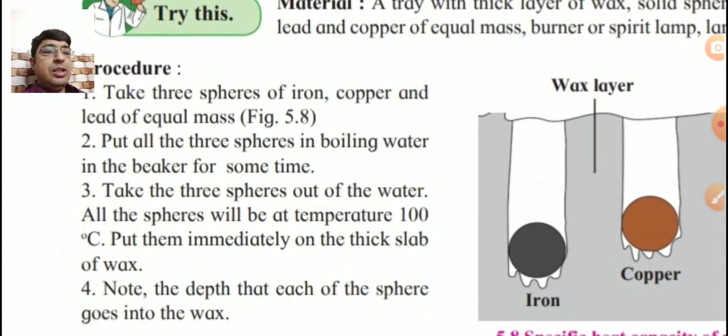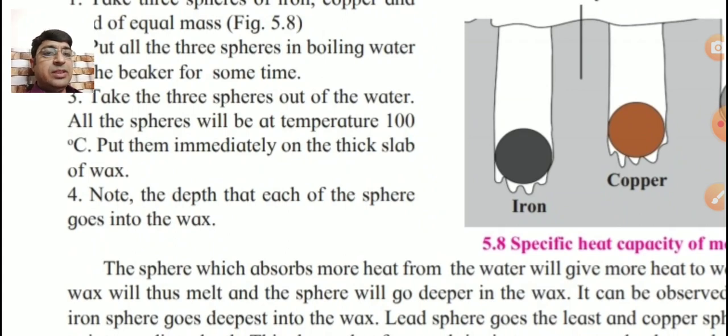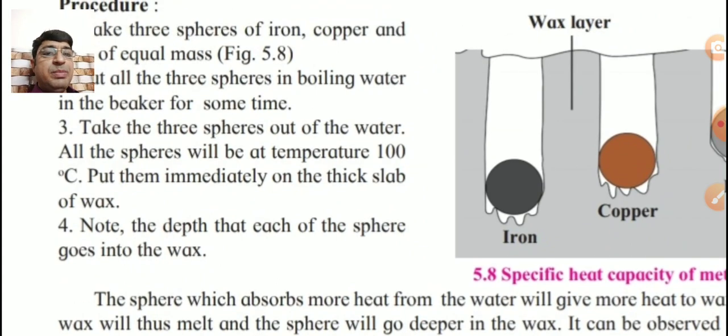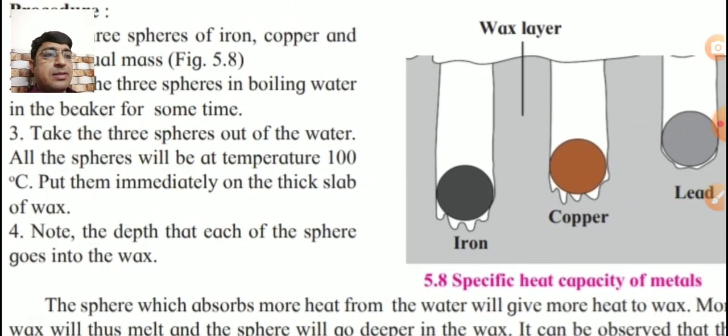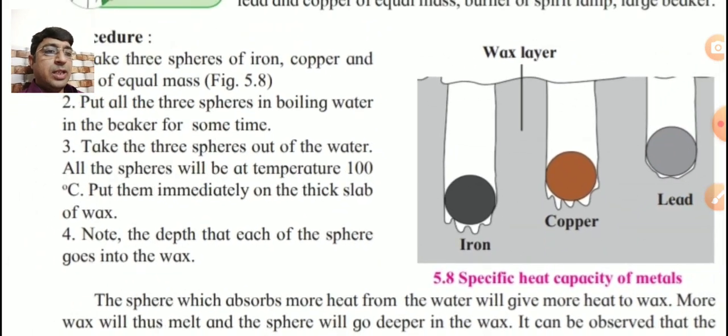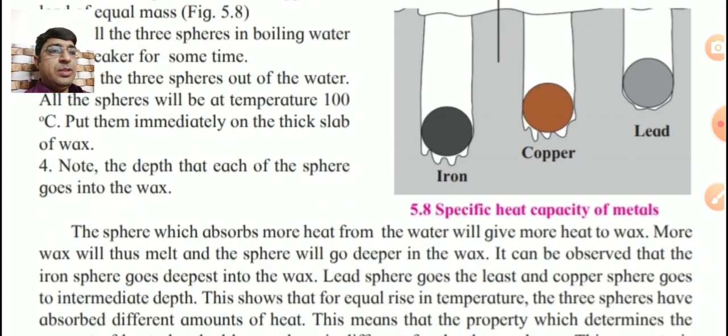Put them immediately on the thick slab of wax and note the depth that each of the spheres goes into the wax. For the same time, these three spheres of different metals we are putting in that boiling water, and after the same time we remove them and put them on this wax slab. And observe what we observe.